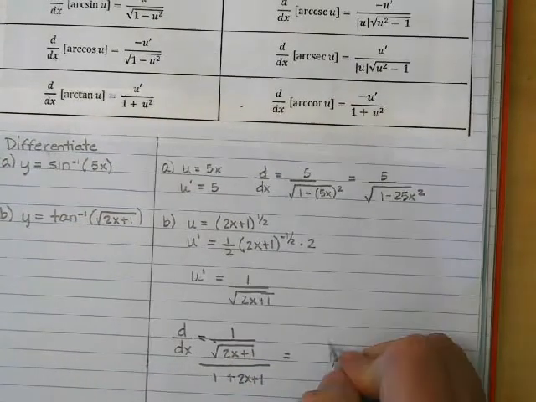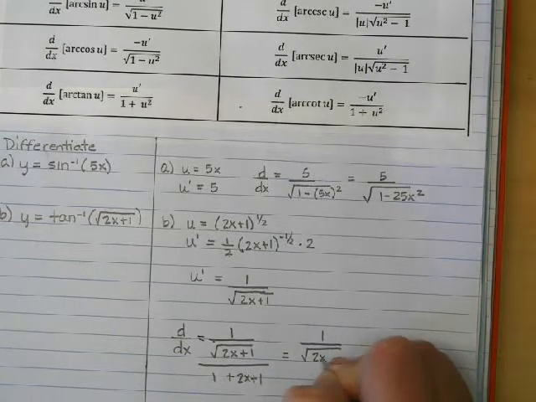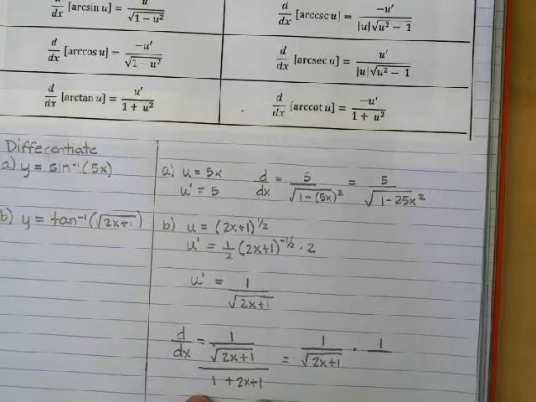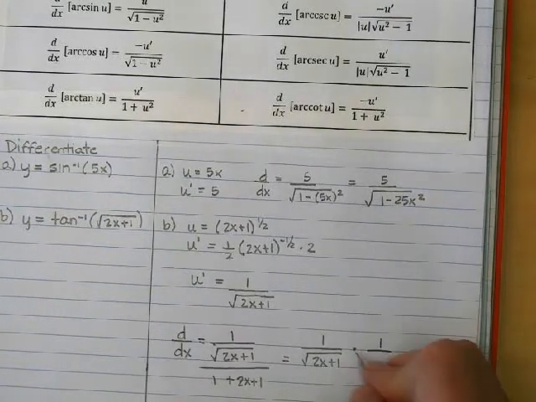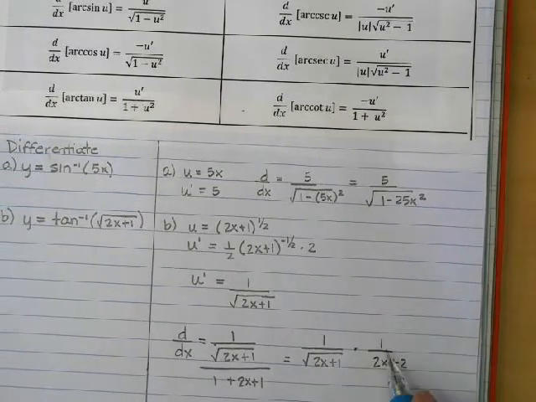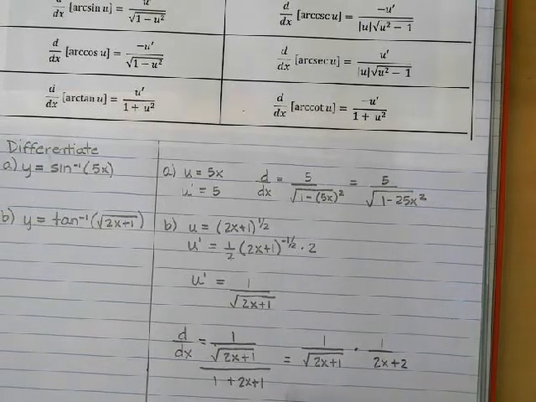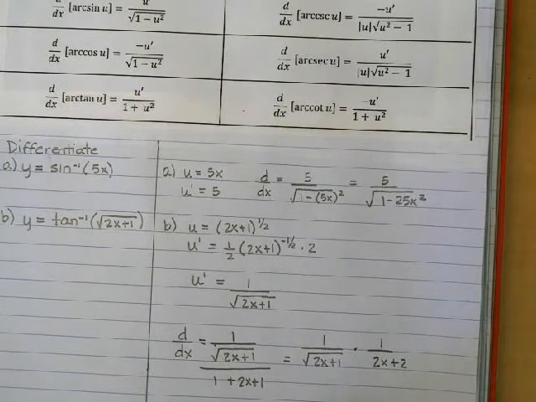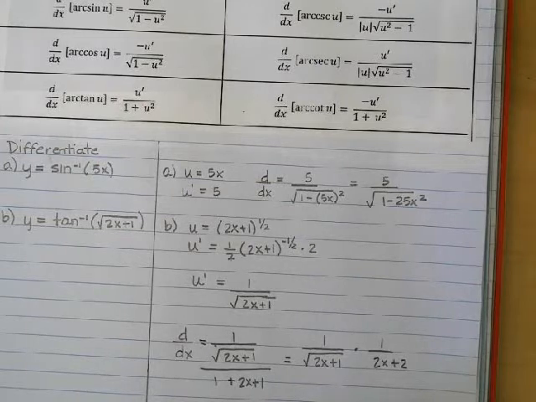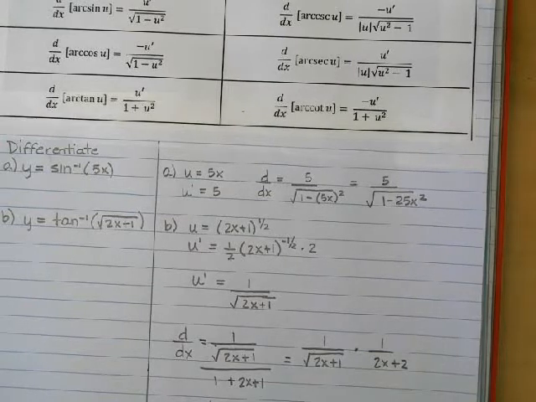Remember that all we're doing is multiplying by the reciprocal. So this is times 1 over that 2x plus 2, and I can factor out the 2 if I want. Let's do that. I'm going to have 2 times (x plus 1) times the square root of 2x plus 1. And that's it.